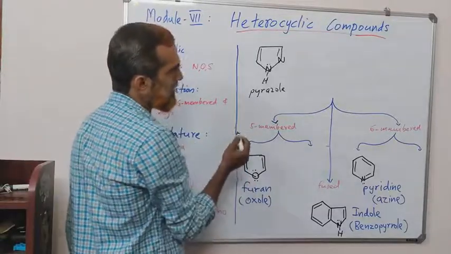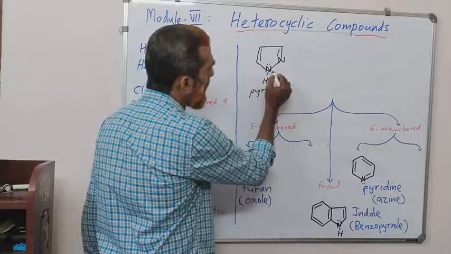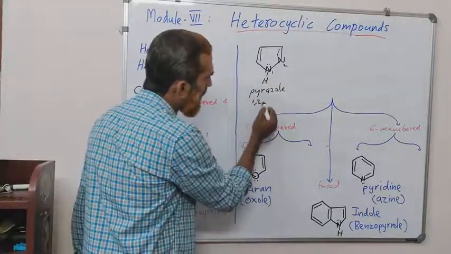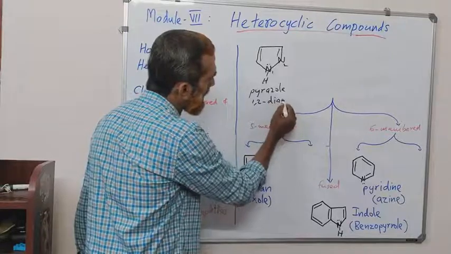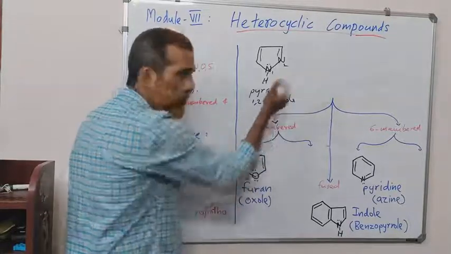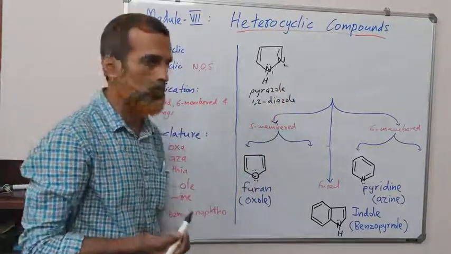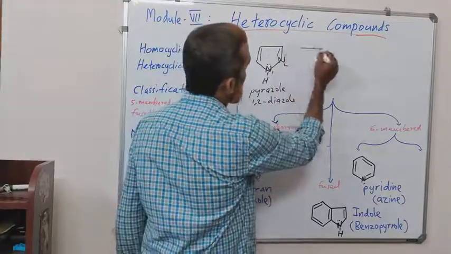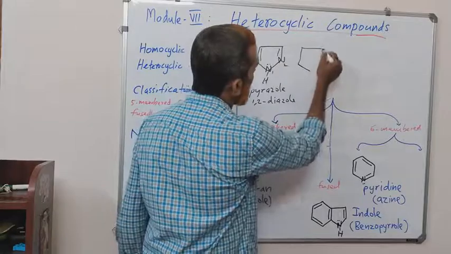Systematically, putting 1 and 2 numbering, it can be called 1,2-diazole, because it is azole basically, and there are 2 nitrogen, so it is diazole. Now there are position isomers here.